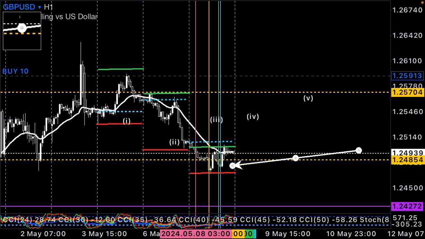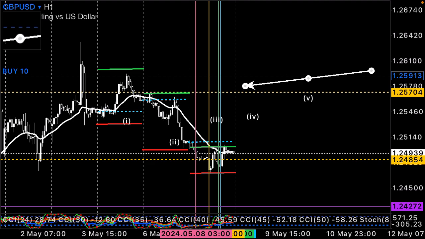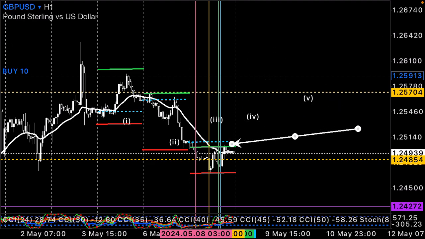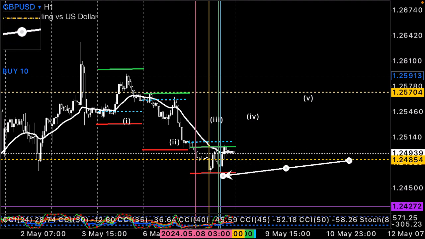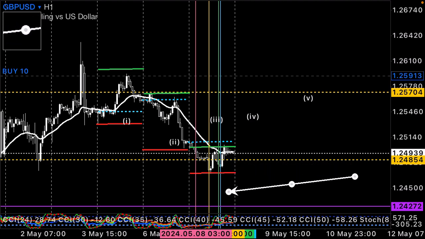The big bankers watch where everybody puts their trades, and if most of the people are predicting that the market's going to go up this way, they put their trades in and they put their stop losses down here.